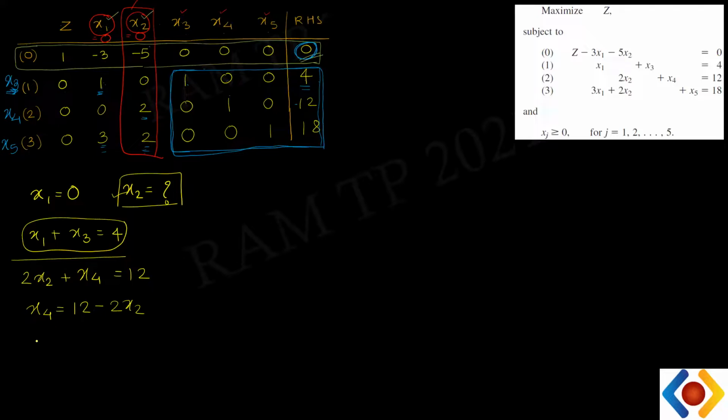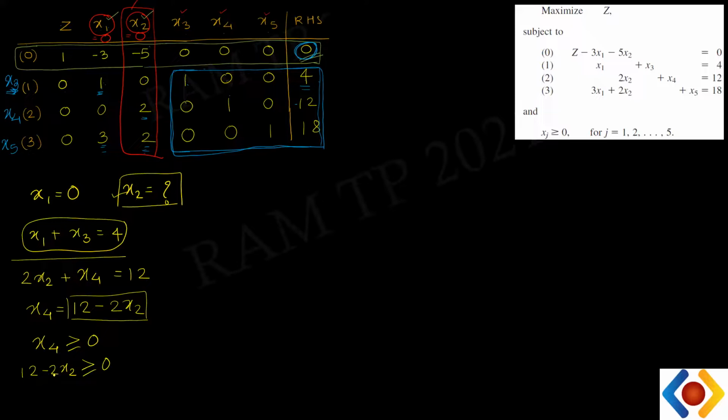We have defined that x4 has to be greater than or equal to 0. Do you agree? And what is x4? x4 is 12 minus 2x2. So I'm replacing x4 with this term. Can I now say this has to be also greater than or equal to 0?